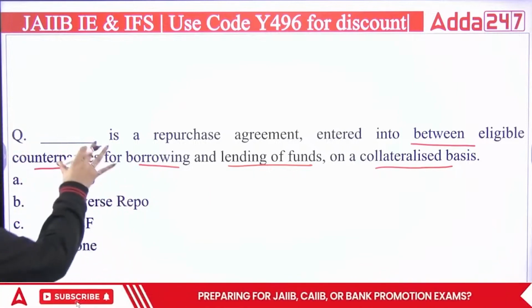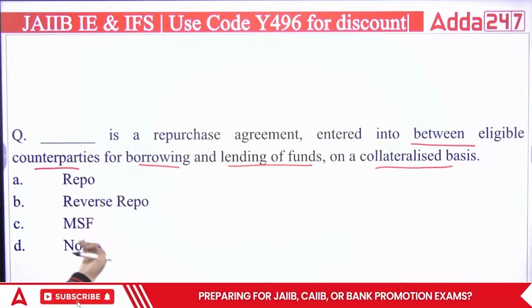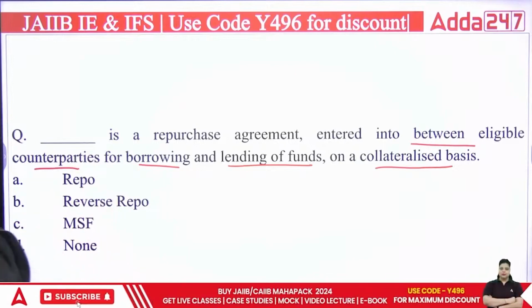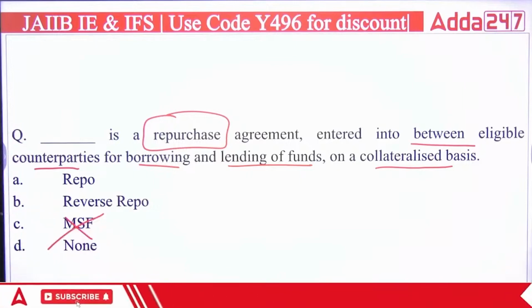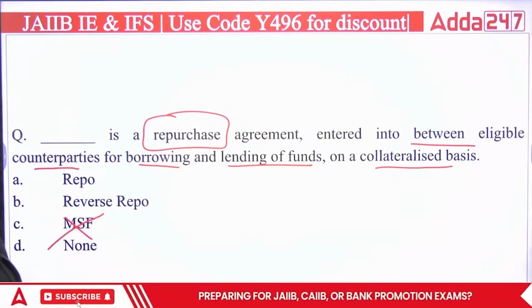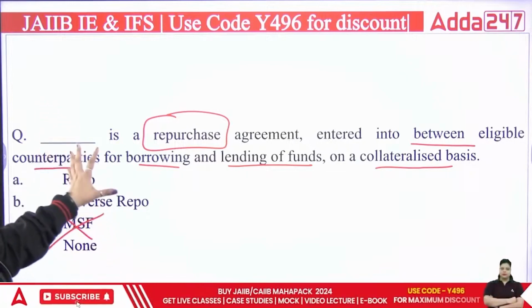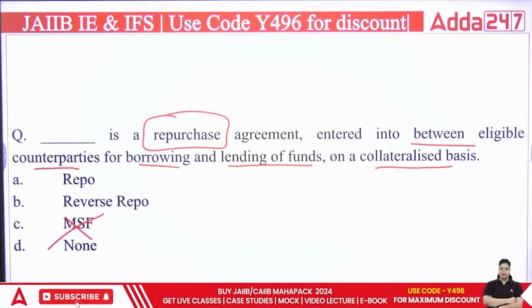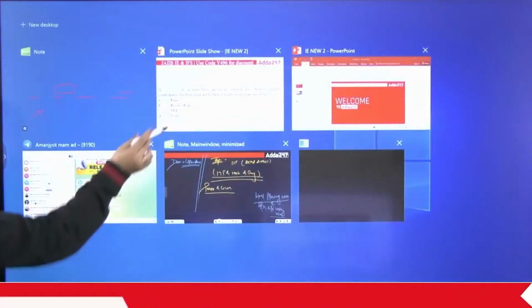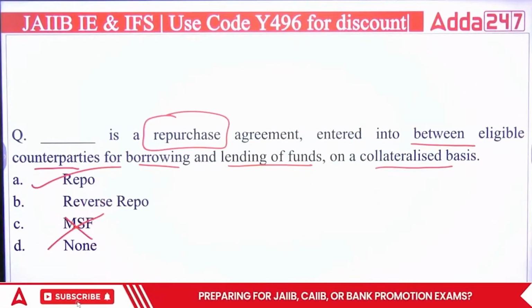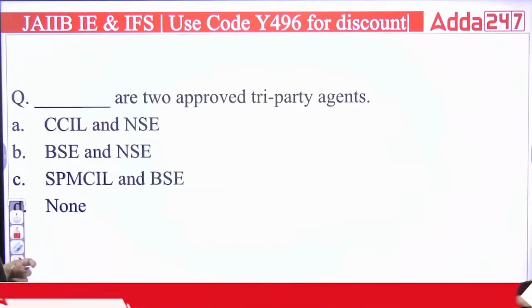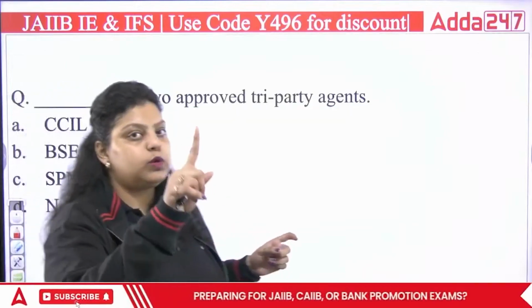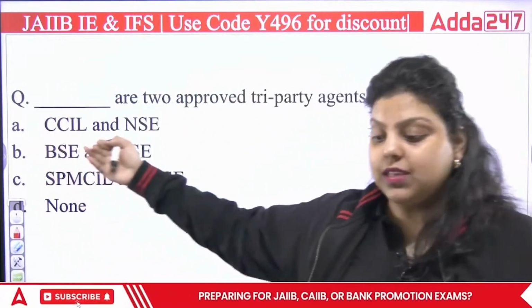So which instrument are we talking about? Repo, reverse repo, MSF, none of the above. Because it is a repurchase agreement, it can't be MSF. And you are saying you are doing borrowing and lending of funds on a collateralized basis. So the right answer will be your A, that is the repo rate. So A option will be correct. Okay. So you can see in each of your questions we are discussing a different concept here.